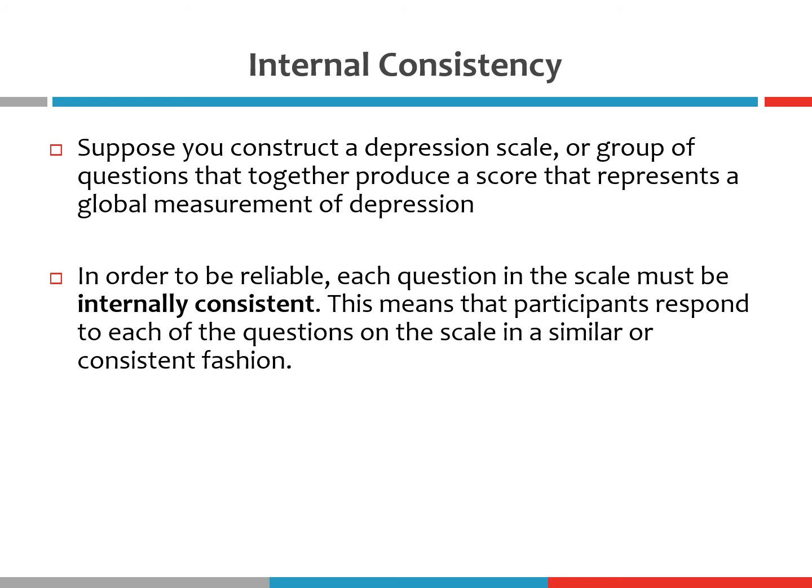Another example is if we are developing a questionnaire looking at how much people like bicycles, right? If a respondent expressed agreement with a statement like "I like to ride bicycles and I've enjoyed riding bicycles in the past," and disagreement with a statement like "I hate bicycles," this would be a good indication that our test has a high level of internal consistency, right?